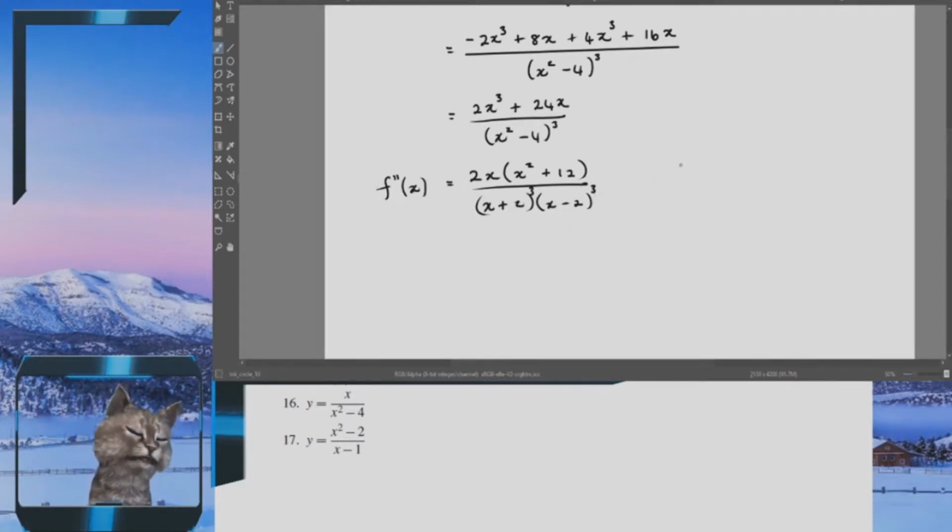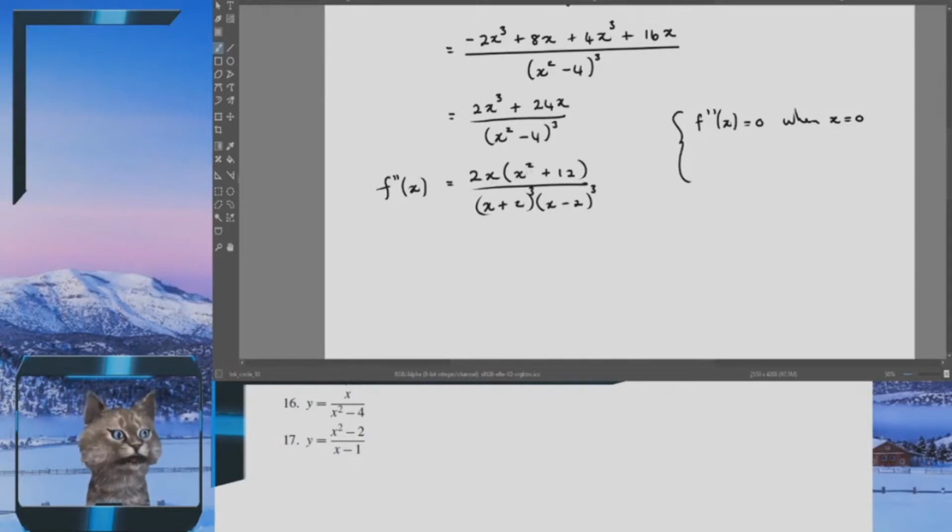Now, let's look at our 2 checks. Second derivative is 0 when? Well, either one of these in the numerator is 0. One of them is an x, so that can be 0.